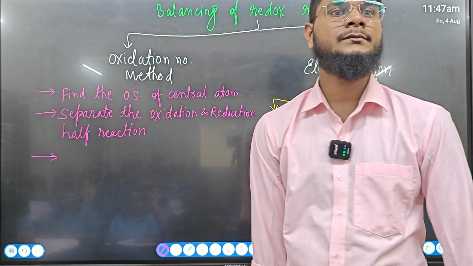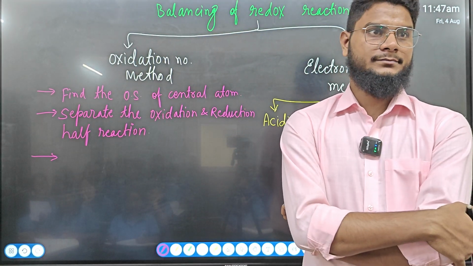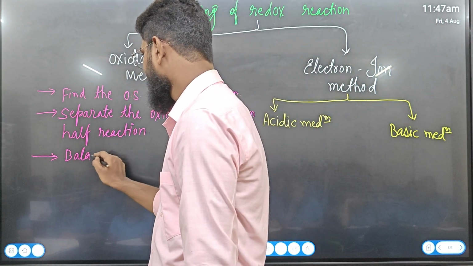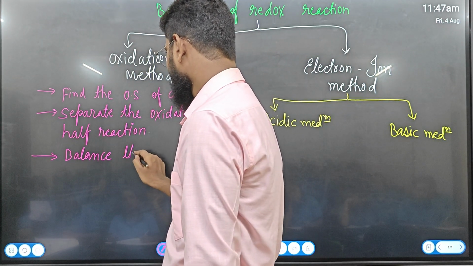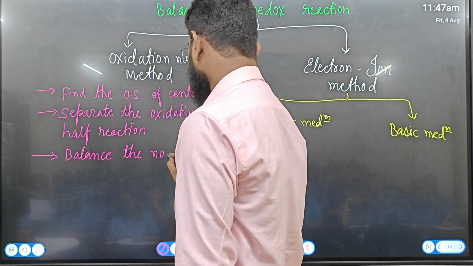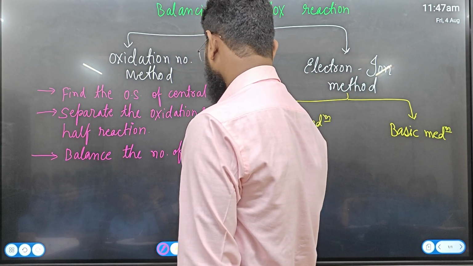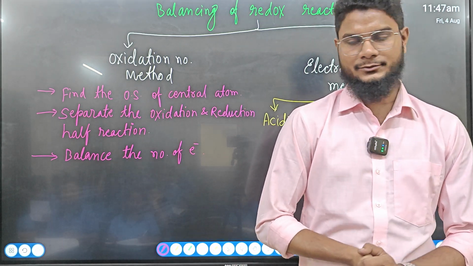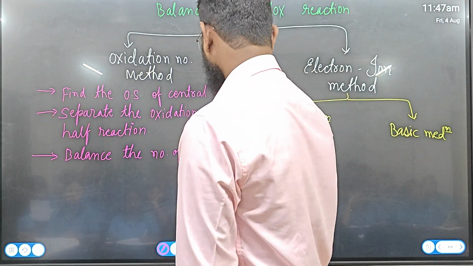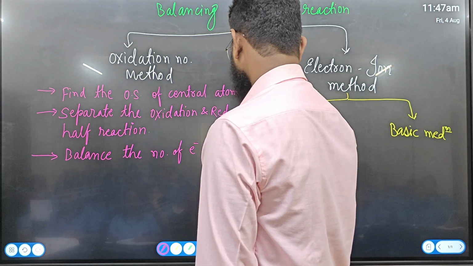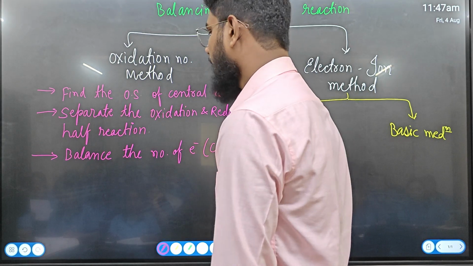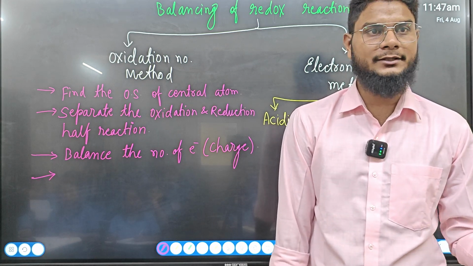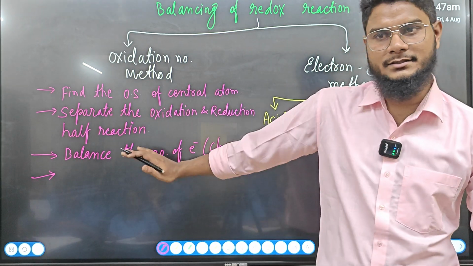After that you have to balance the charge. Balance the number of electrons, or you can say charge. How many gain of electrons or loss of electrons, that you have to balance in this step.